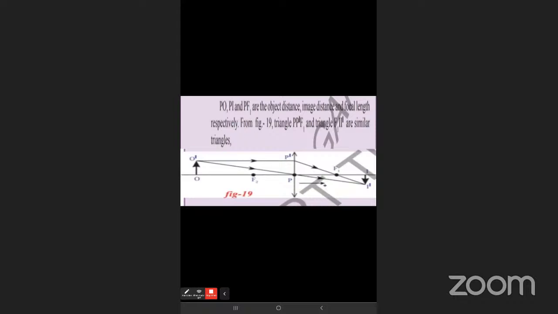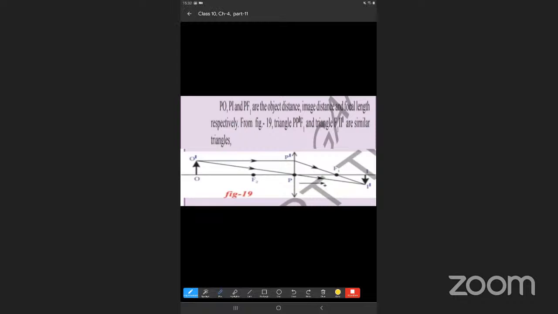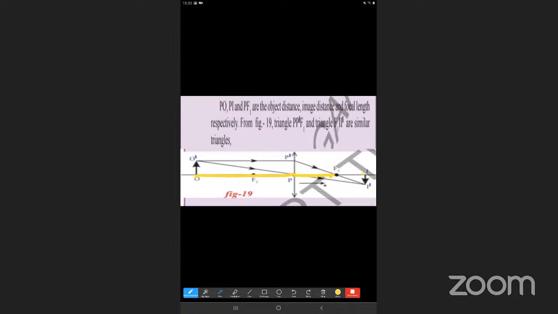Here PO, PI and PF1 are the object distance, image distance and focal length. PO is the object distance, PI is the image distance and PF1 is the focal length.